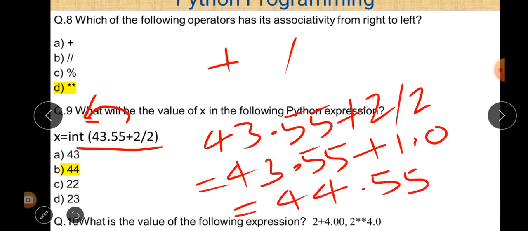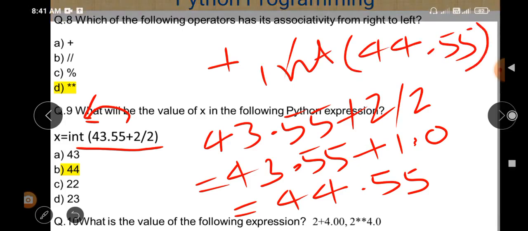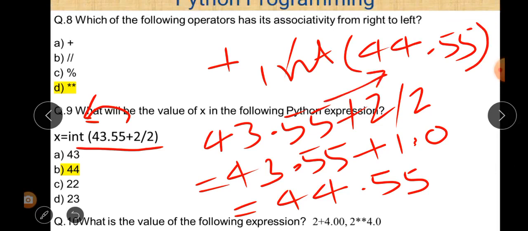Now after that, explicit type conversion is there. It means int of 44.55. So our answer is 44. Always remember that when there is an expression such as a number like 44.55, and when we convert it into an integer value, there is no concept of rounding of the number.